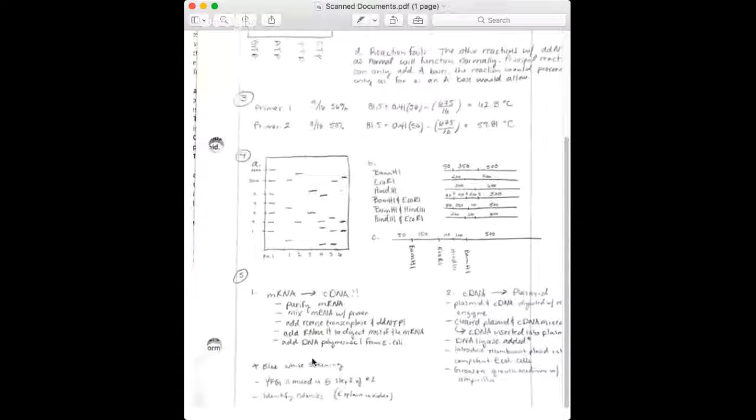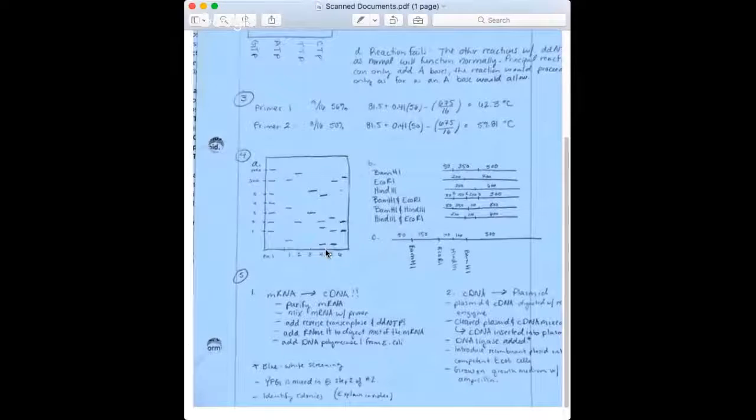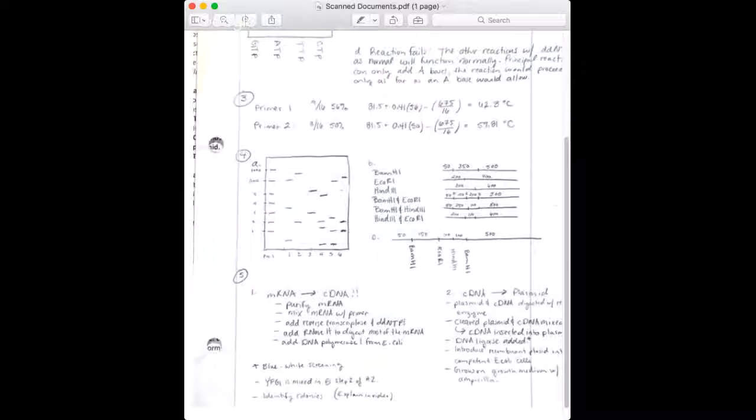Okay, here we go. Question 5 is asking, let me just look at the question really quick. We're studying our favorite gene that we found in some species of yeast. And it's asking, how would we clone a version of this gene into a plasmid vector?